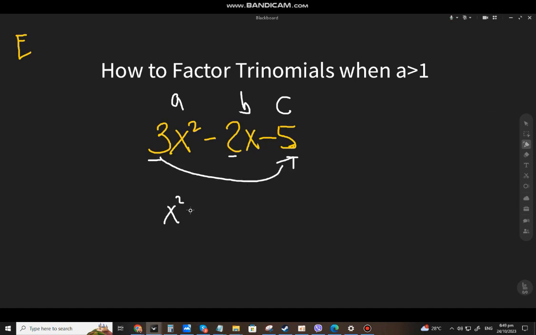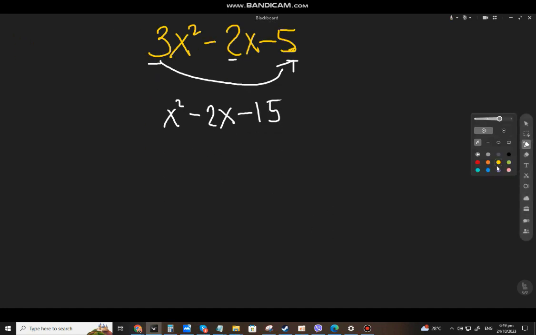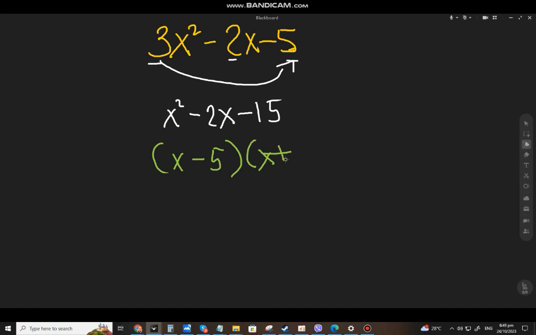That will be x squared plus 2x minus 15. Now you can factor this one. That will be x minus 5 and x plus 3. Negative 5 times positive 3 is negative 15. Negative 5 plus 3 is negative 2.